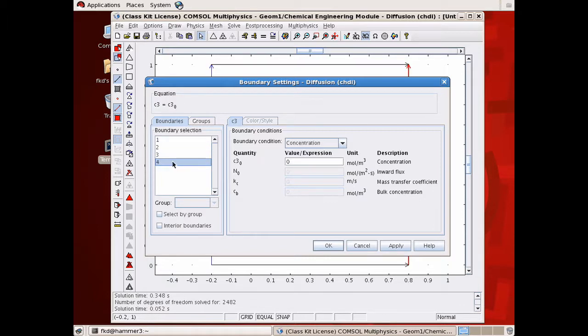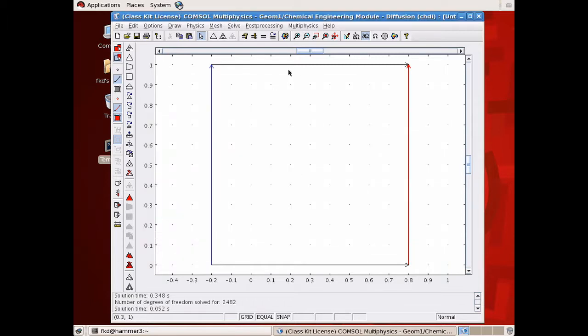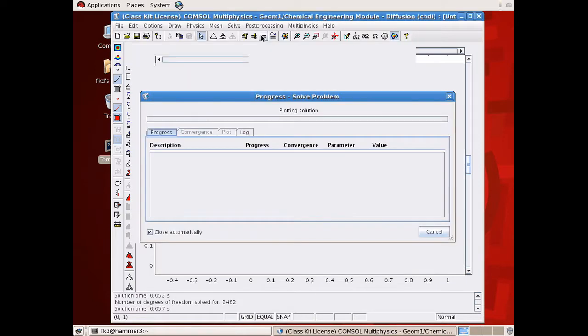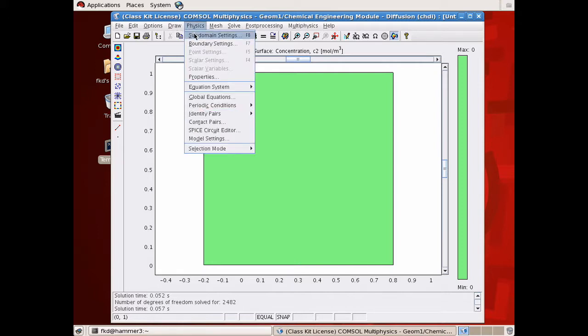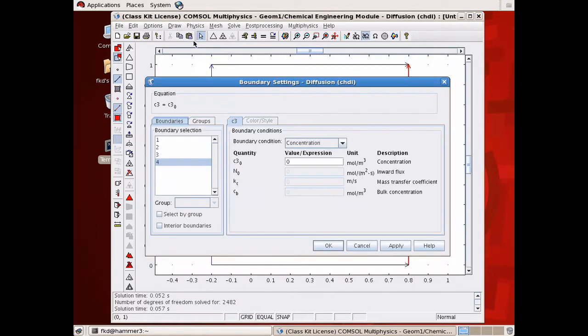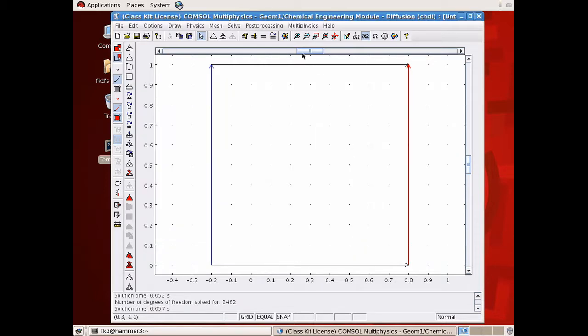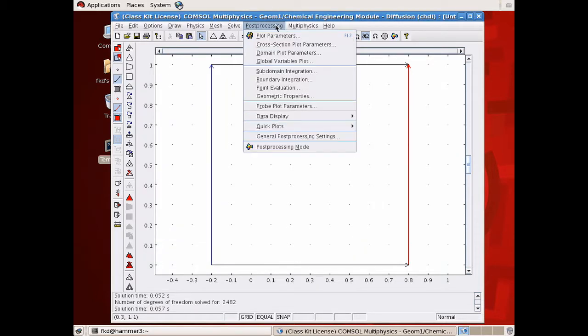Because that's C2, that's concentration 2. Ah, okay. So I'm plotting the wrong one, yeah? Or it's plotting the wrong one. And this is C2, and actually that system is C3. Okay, so all right, okay. So this, okay, so I need to, this is this, right?